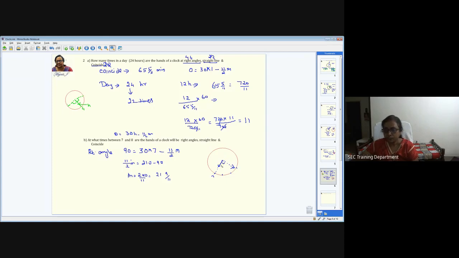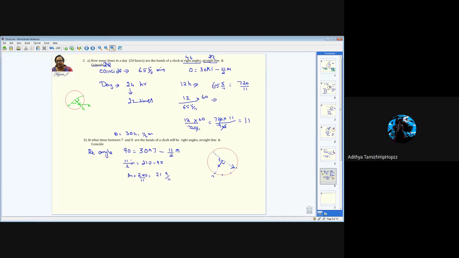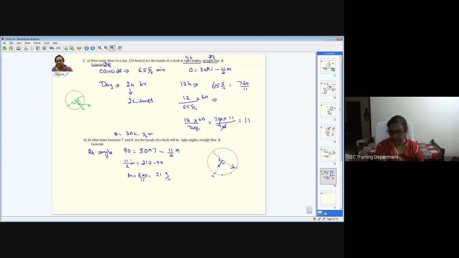But there's going to be one more 90. When this minute hand goes from here and comes here, this is going to make another 90. How will you find that time? Any clue?